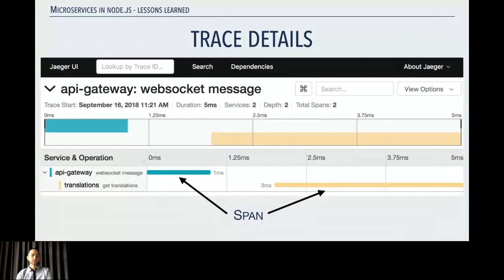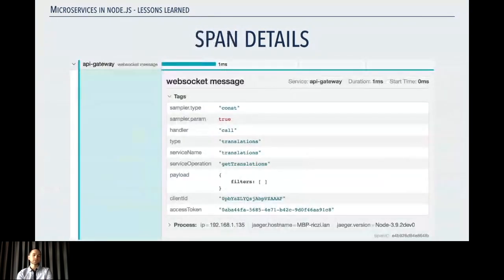So you can see the services which were used in a particular request, and you can check how much time it took to process messages, and each code execution in a particular microservice is called a span. So you can even check that span's details. And in this span, you can see a lot of different tags. And actually, this is a place where you put data.